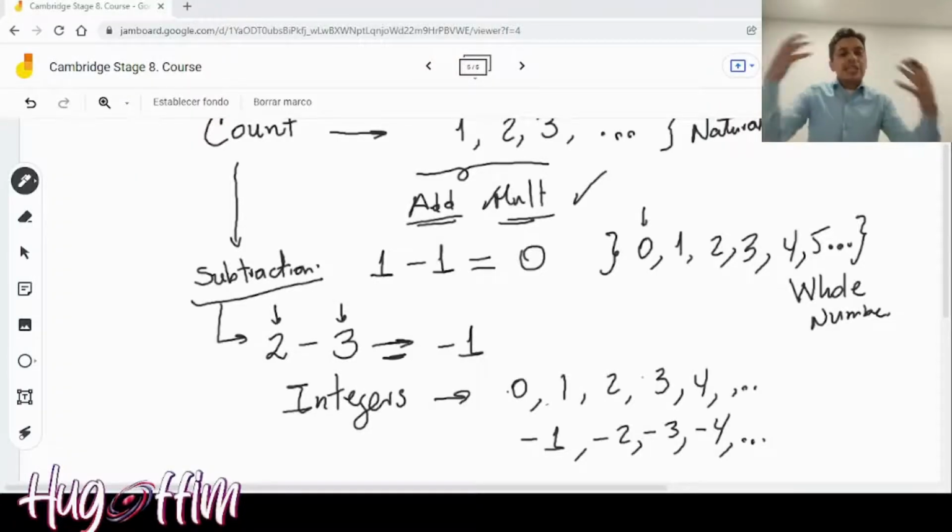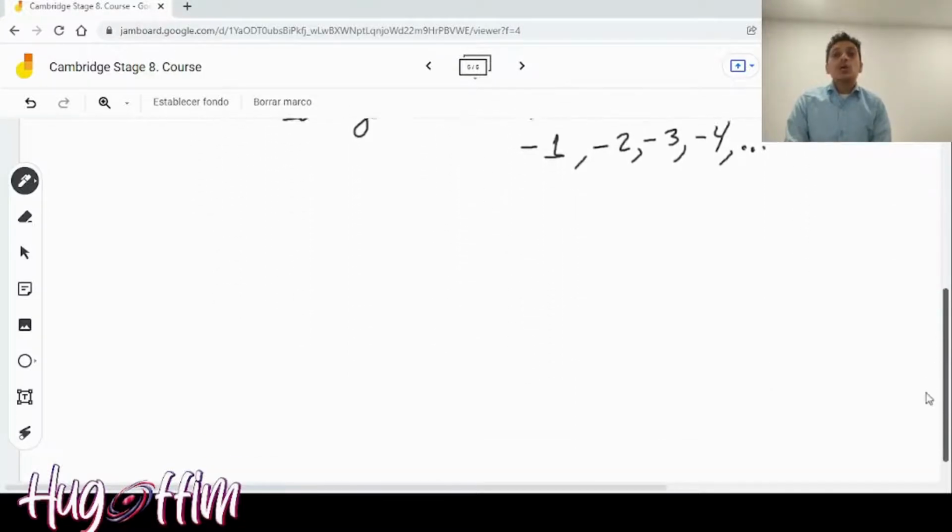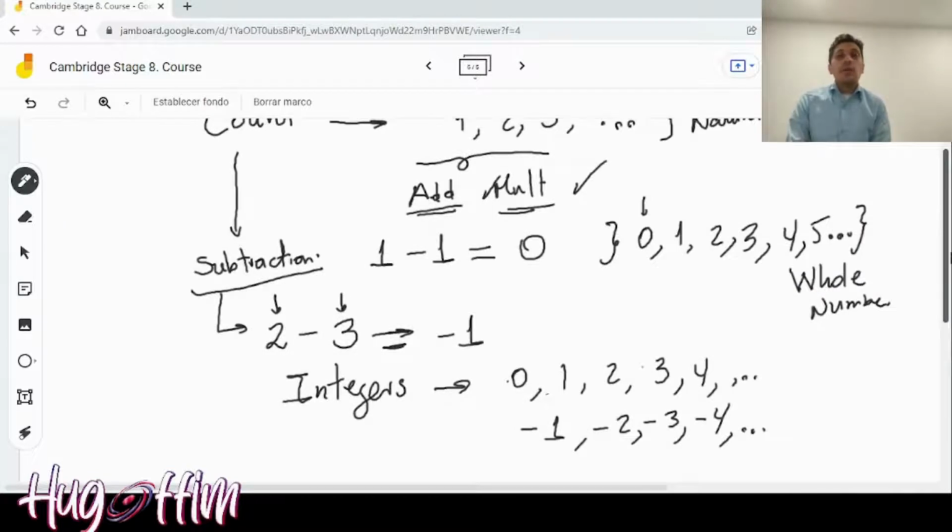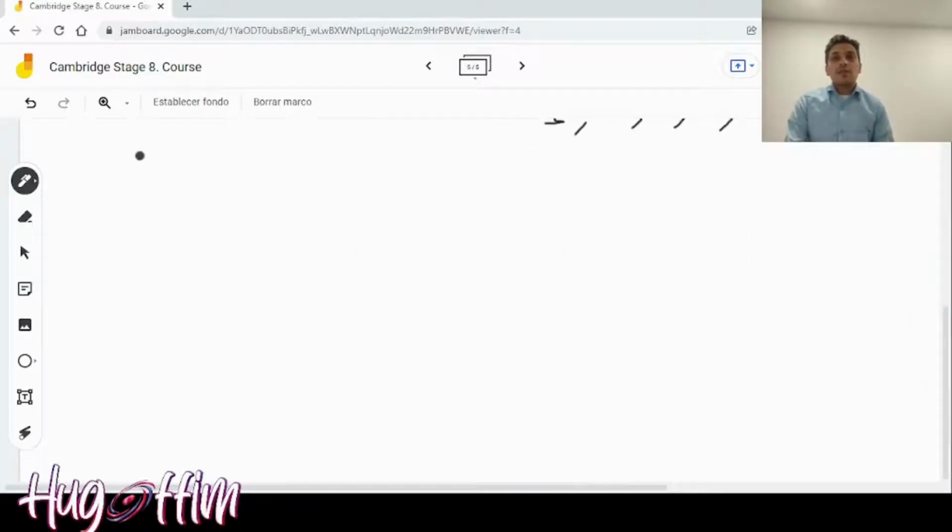But if we continue learning, we learn how to add, how to multiply, how to subtract. So now it's natural for us that the next one is going to be division. Could we use these sets of whole numbers, integers or naturals for divisions?